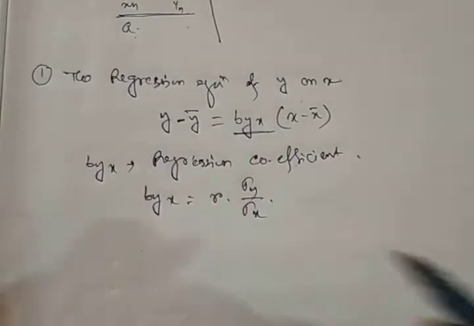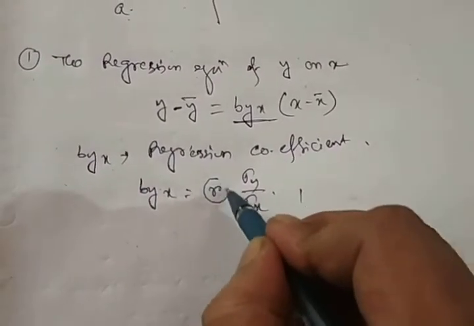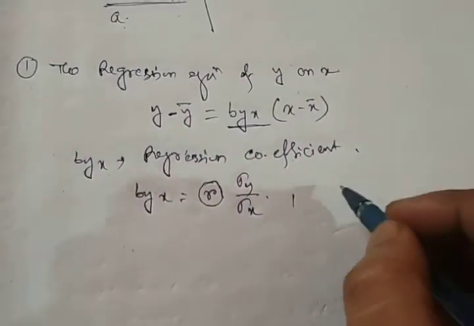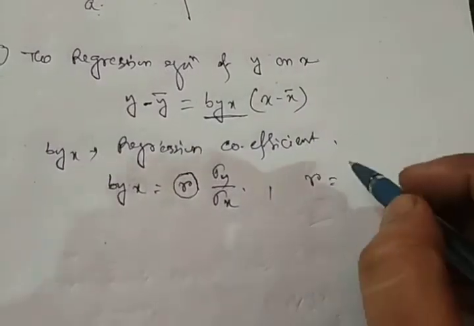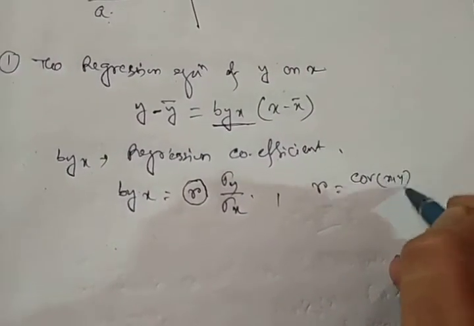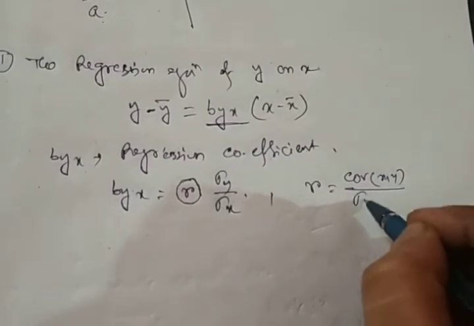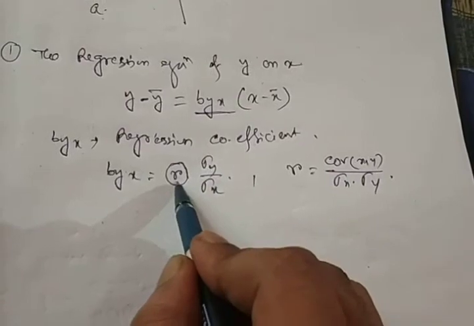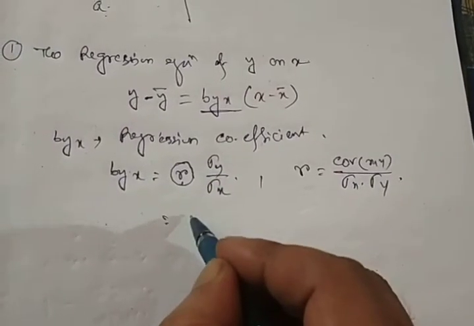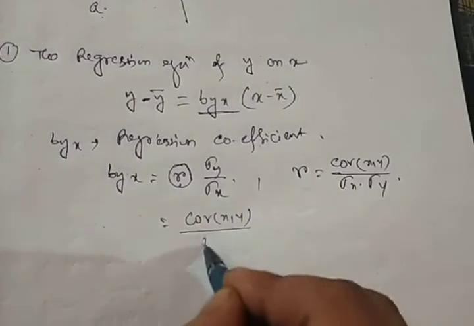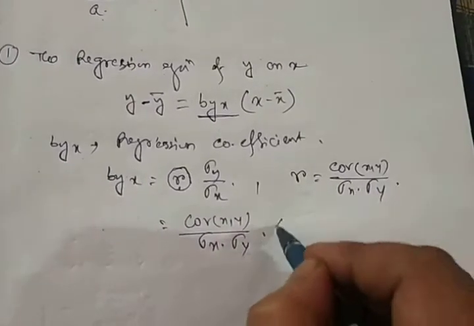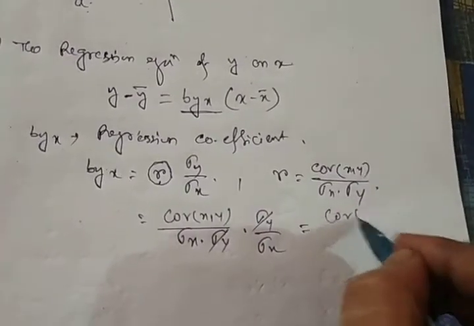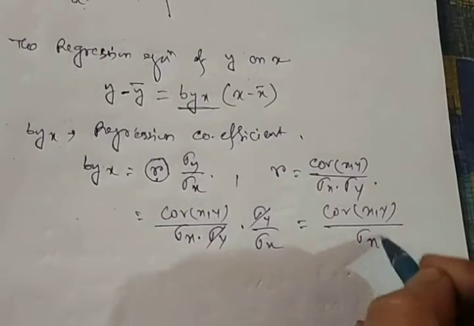Now we all know what r is. This is the Karl Pearson correlation coefficient, defined as covariance of xy divided by sigma x into sigma y. If we put r in this formula, we get covariance of xy divided by sigma x into sigma y, into sigma y by sigma x. So sigma y cancels out and we get covariance of xy by sigma x square.